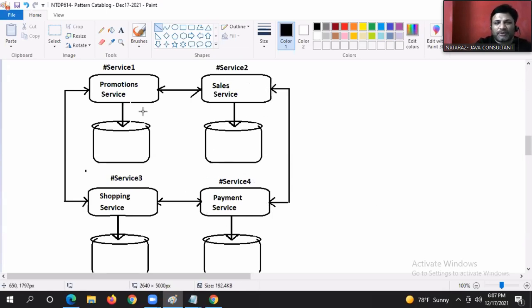Or Myntra people liked our promotion service. Take this and go for it. Understanding my point? This is microservice architecture, guys. You can use them collectively, you can use them individually. It's up to you.